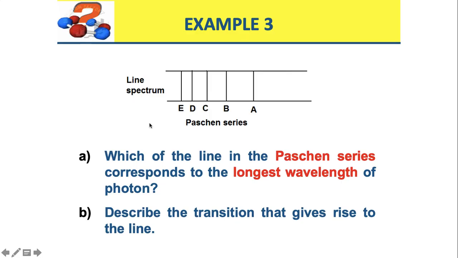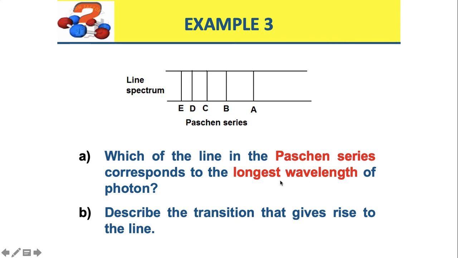For this Paschen series, the line spectrum you have to read from the right because the lines become closer as you go to the left. So the first electron emission is this one. Which line in the Paschen series corresponds to the longest wavelength of the photon?